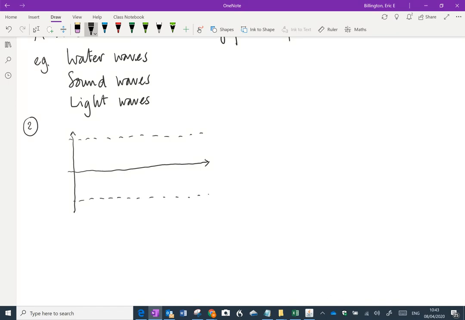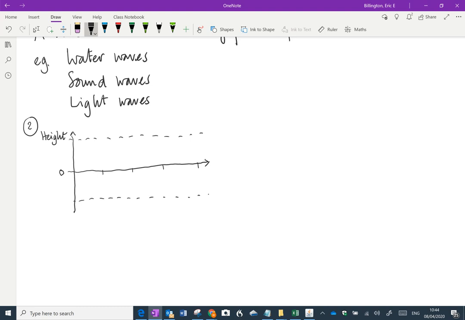And first of all, what's on the y-axis? Well, the y-axis for a water wave could be height. And so 0 here at the center would be sea level or the level in the lake.